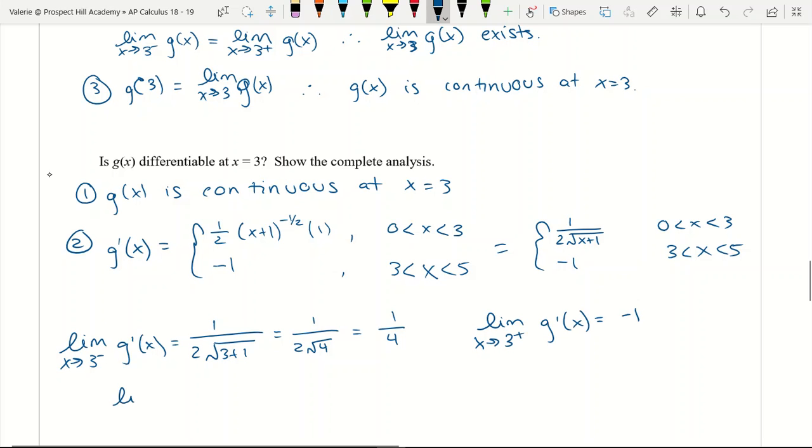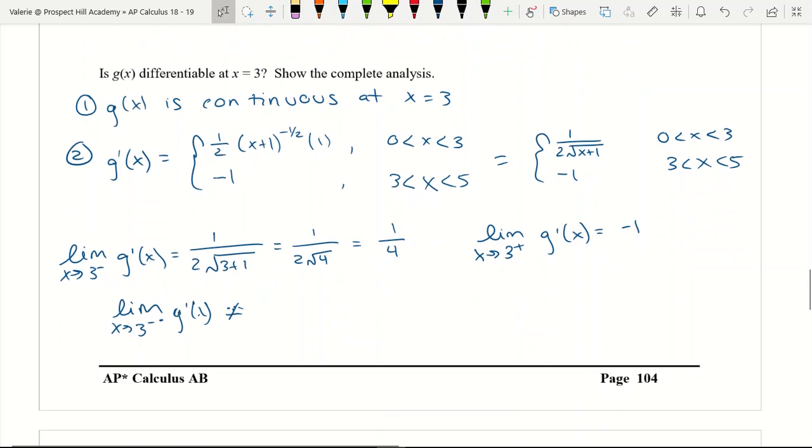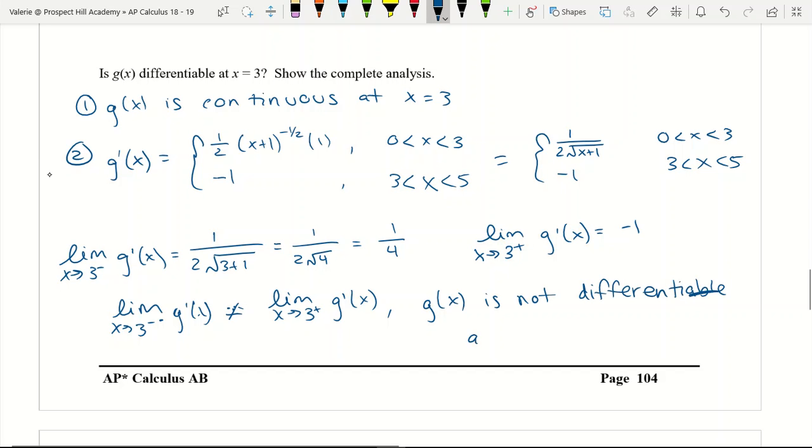And since the limit as x approaches 3 from the left of g prime of x does not equal the limit as x approaches 3 from the right of g prime of x, g of x is not differentiable at x equals 3.